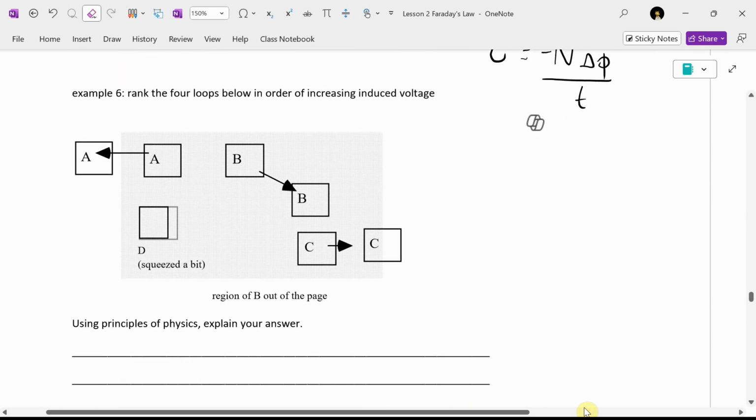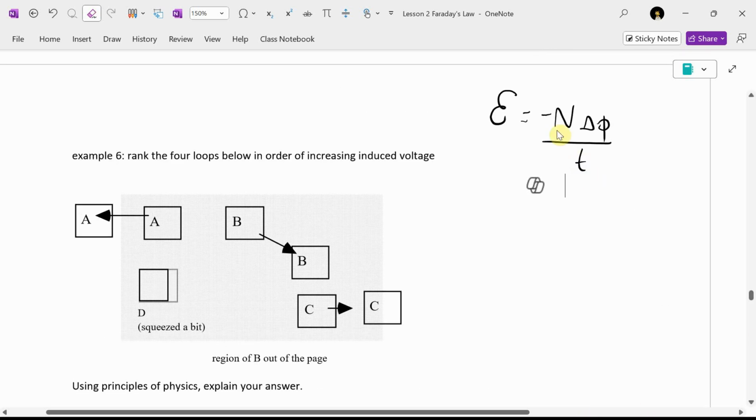Last one, example 6 says rank the 4 loops below in order of increasing induced voltage. Okay, so we want to start with the smallest. Which of those would have no induced voltage? A, B, C, or D? So, what causes induced voltage?